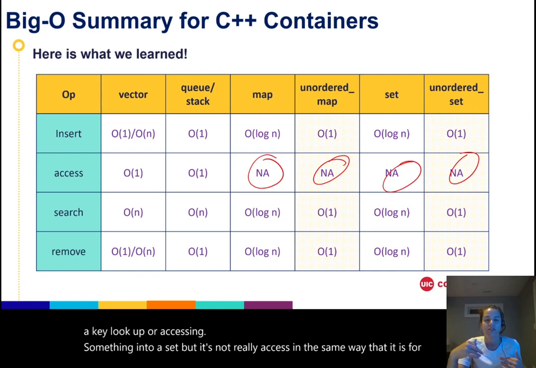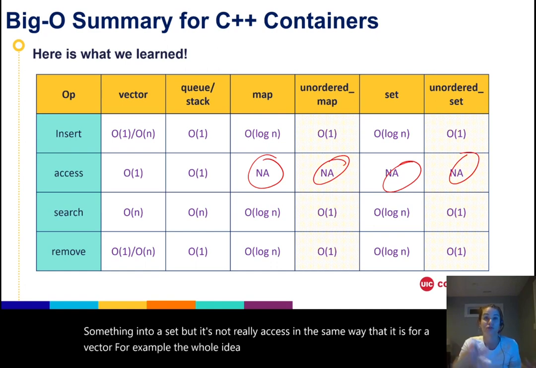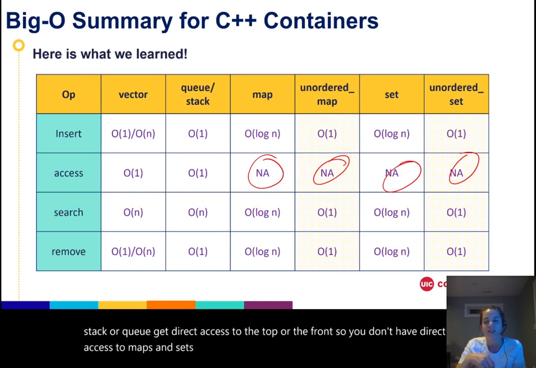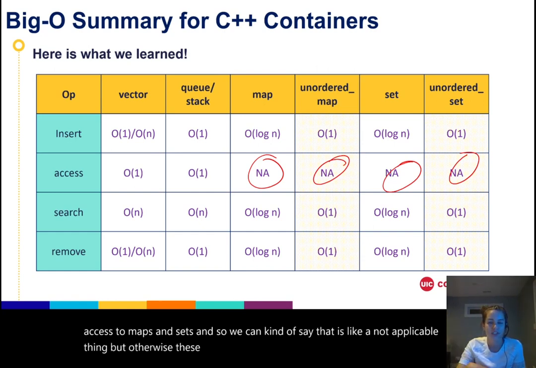The whole idea of a vector is that you get direct access, or a stack or queue get direct access to the top or the front. So you don't have direct access to maps and sets, and so we can say that is a not applicable thing. But otherwise, these are all of the operations that we talked about.